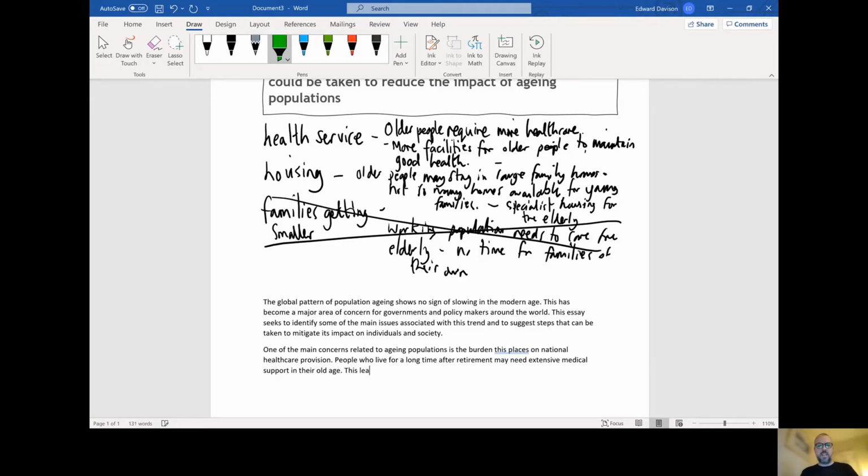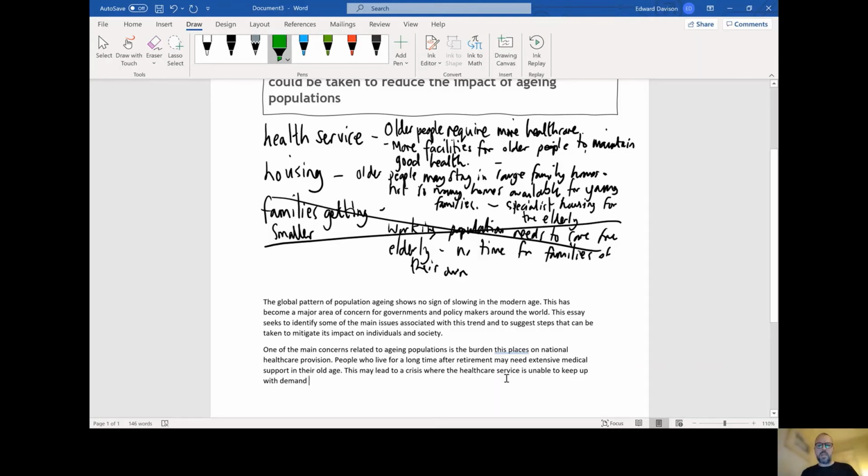This may lead to a crisis where the healthcare service is unable to keep up with demand.